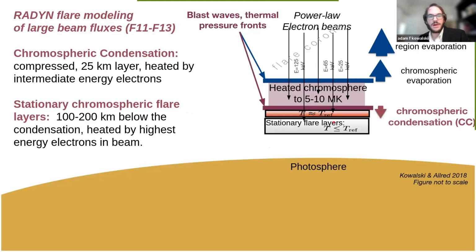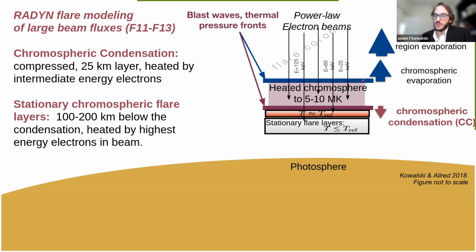So what is going on? Well, we can go into the model and figure out where these two emission line components are being formed. Here's a cartoon that summarizes the response of an atmosphere to a large electron beam flux into the chromosphere. The electron beams stream down, they heat the chromosphere to millions of degrees, causing an explosion.